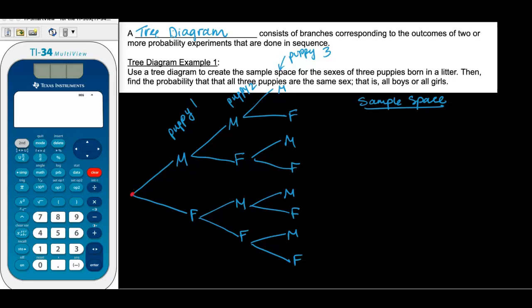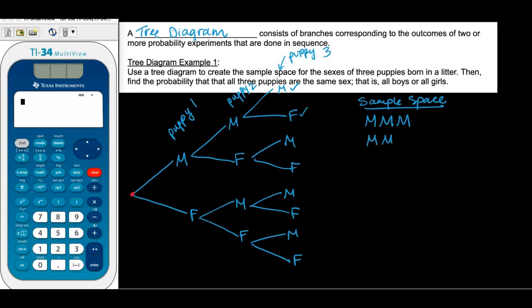So for example, you go male, male, male. This is one outcome. And so I'm just going to write down male, male, male. I like to check off the end of the branch when I get through that one path. Okay. And so then the next thing that I could do would be to go down male, male, female, and I'll check that one off.